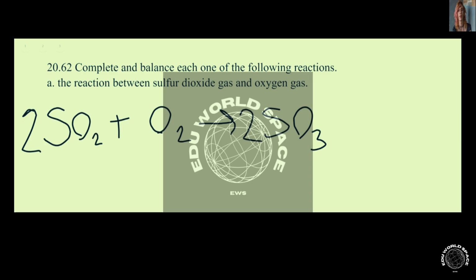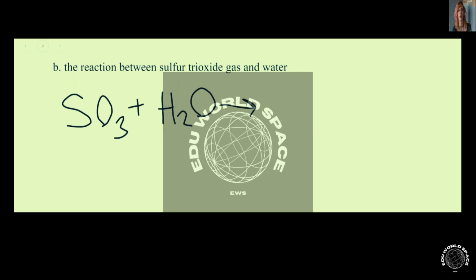So now we have 2 sulfur atoms on the right and 1 sulfur atom on the left. So we need to also put a coefficient of 2 in front of SO2. So that gives us 4 plus 2, that's 6 oxygen atoms on the reactant side and 6 oxygen atoms on the product side. So this is a balanced equation. So the balanced reaction between sulfur dioxide gas and oxygen gas is 2SO2 plus O2 yields 2SO3.